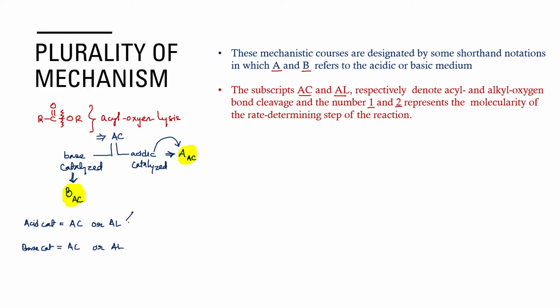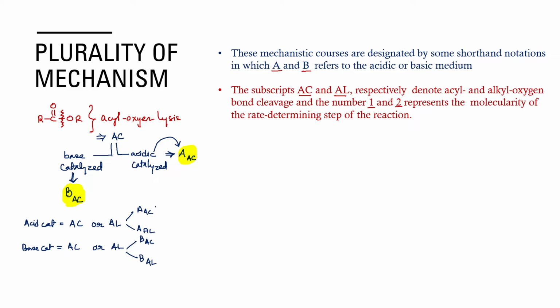So I will get two outcomes, AC, AL. Feasibility बाद में देखेंगे, but this will be BAC and BAL. BAC means base catalyzed acyl oxygen lysis, and BAL means base catalyzed alkyl oxygen bond lysis.